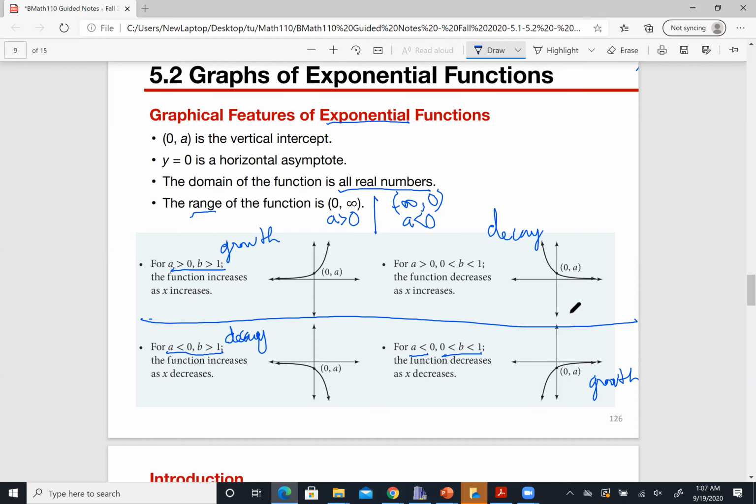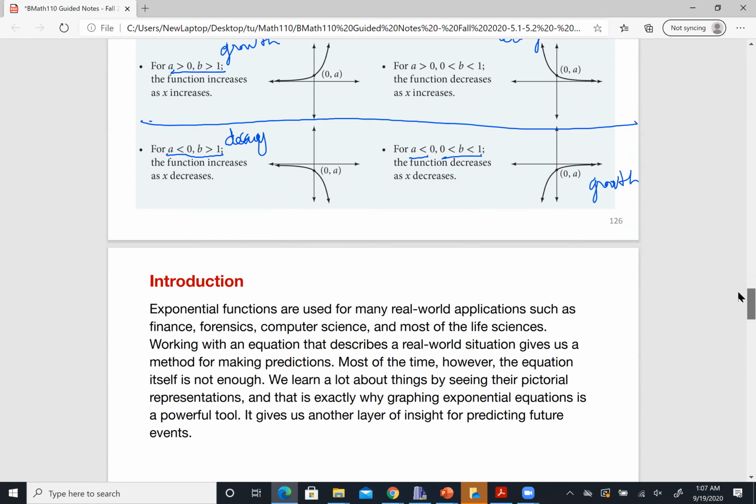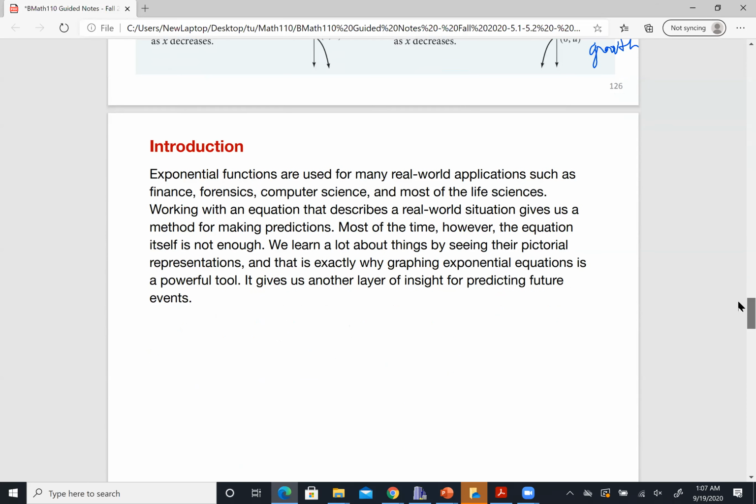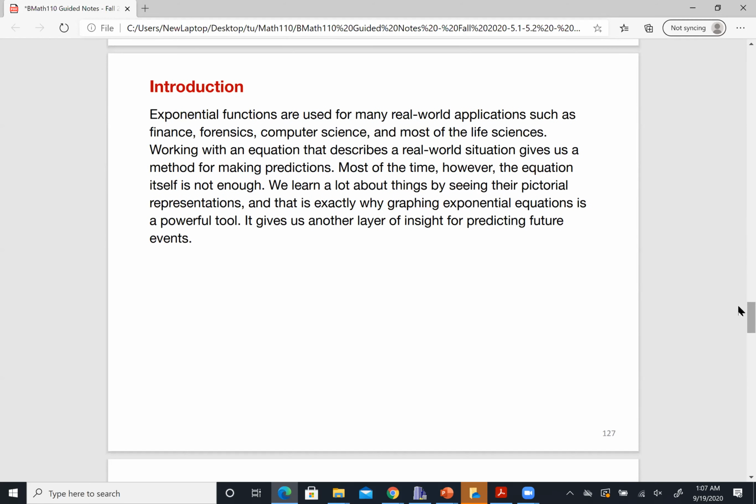Now let me move down. Okay, so this is the page for the introduction. I would love to let you read this, and we're going to move to the next page.